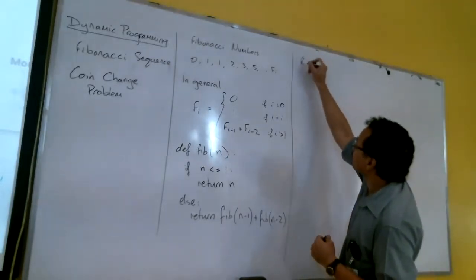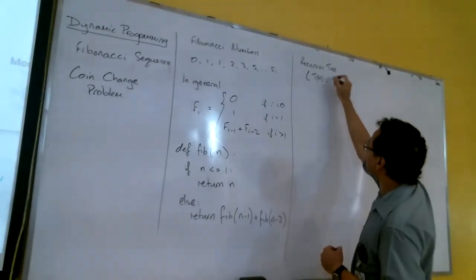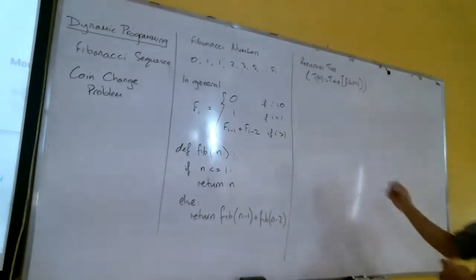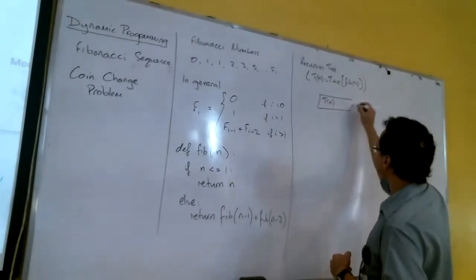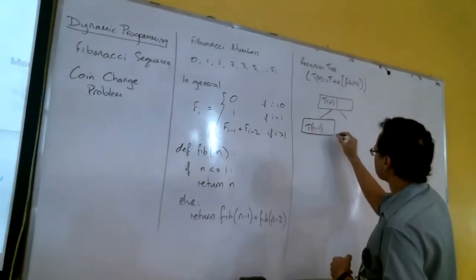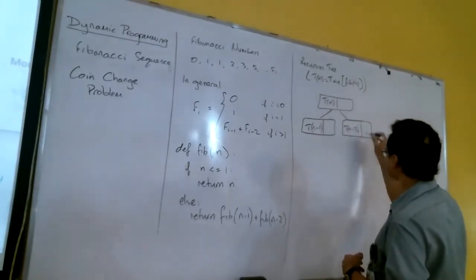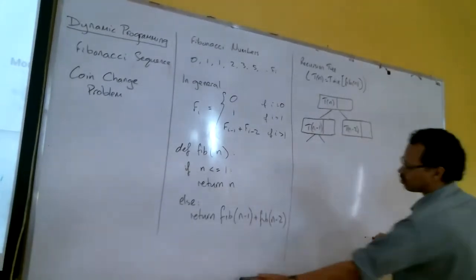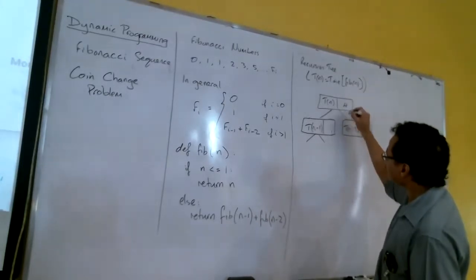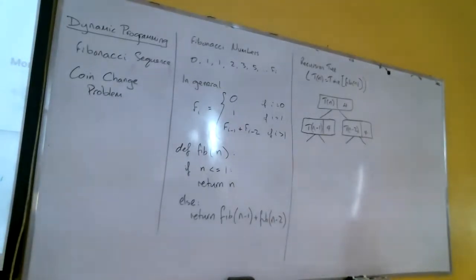So your recursion tree, and of course in this case, the overhead each time is going to be constant. The point of this is not to necessarily draw that tree and do an analysis on it.